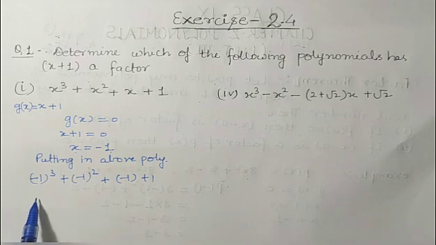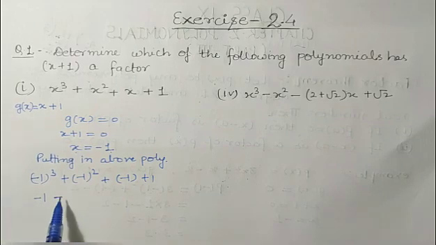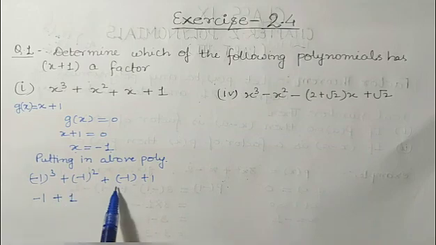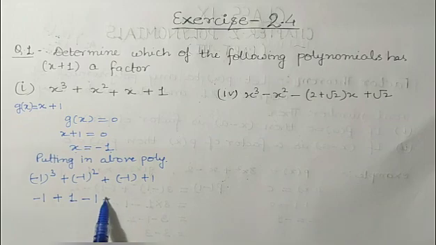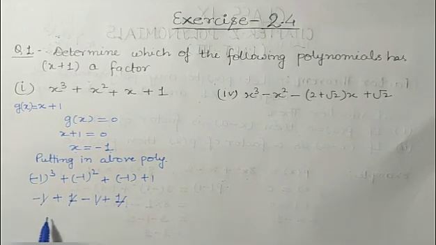So minus 1 cube will be minus 1, minus 1 square is plus 1, and here plus minus minus is minus 1, and it is plus 1. So here you can say that minus 1 plus 1 minus 1 plus 1 will be equal to 0.